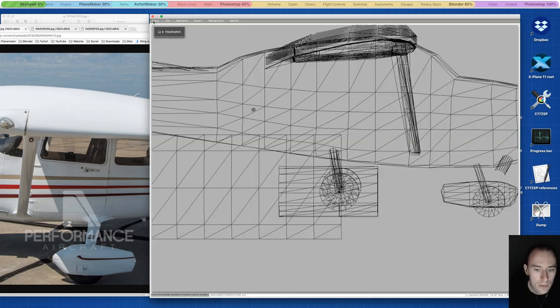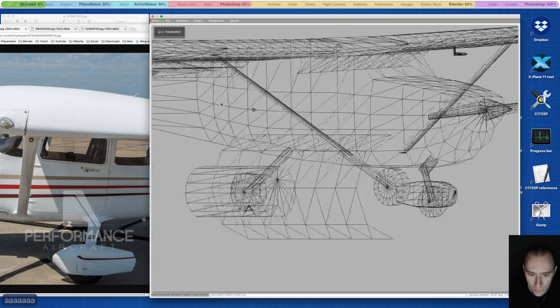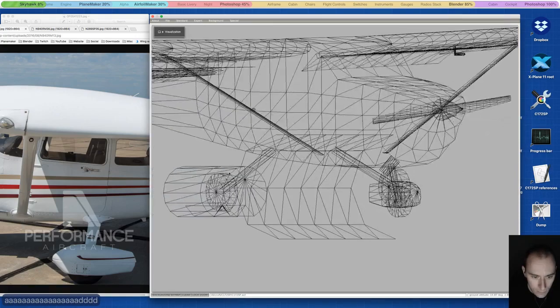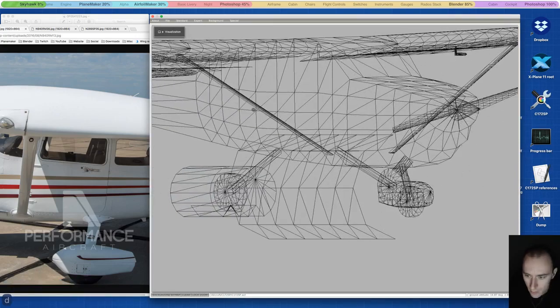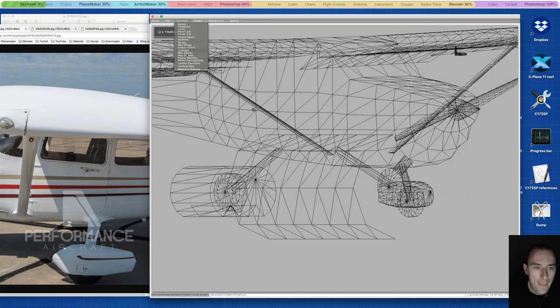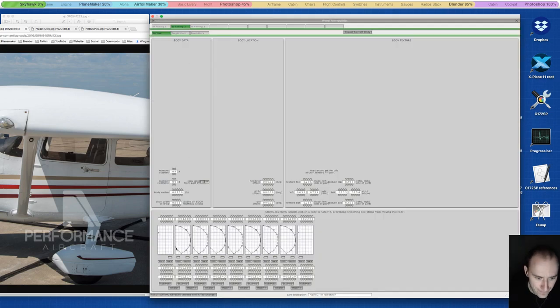Let's see how that works. Bit higher. Bit higher. So we can, yeah, quite a bit higher.